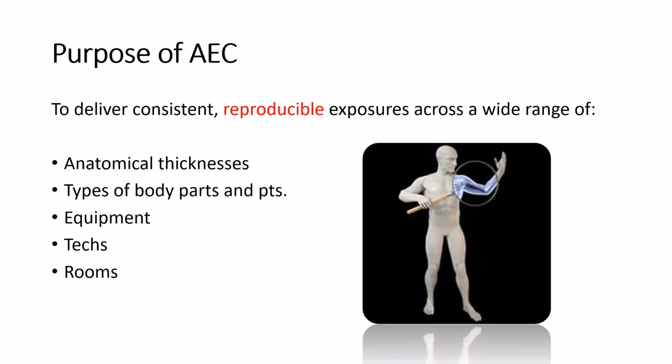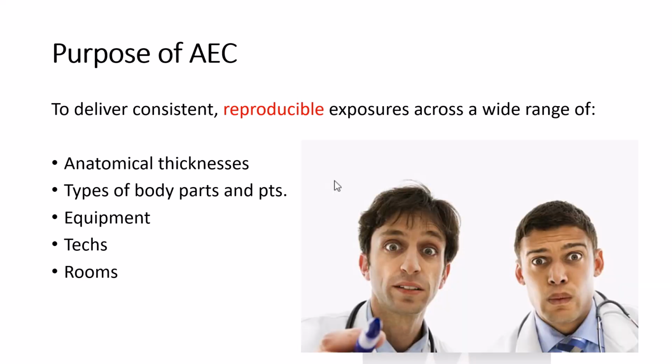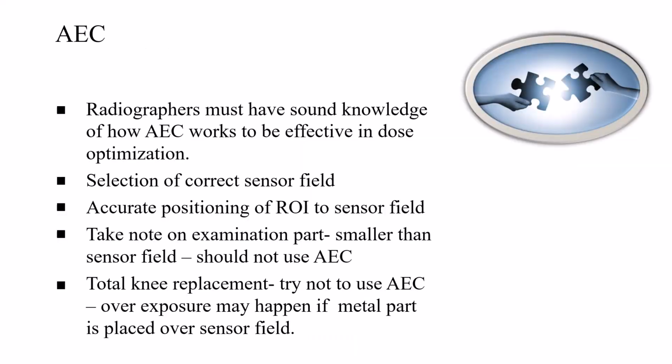The purpose of an AEC is to deliver consistent, reproducible exposures across a wide range of different situations, including different anatomical thickness, different types of body and parts being imaged, different types of equipment, different techs using the equipment, and different rooms that contain the equipment.